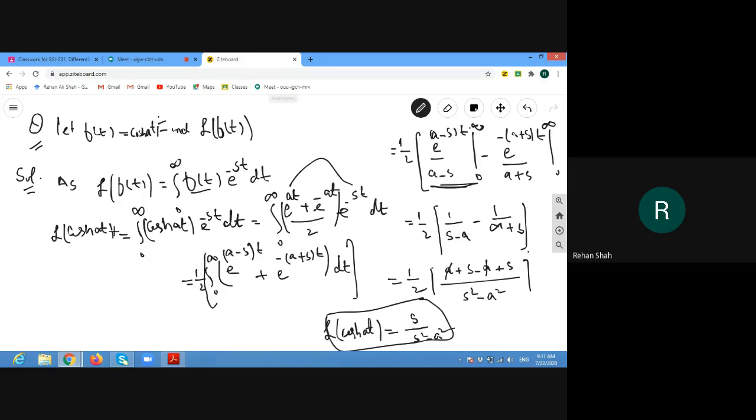Okay. If you put here, instead of cos hyperbolic at, sin hyperbolic at, this is another question. So this will become sin hyperbolic at, and this will become sin hyperbolic at, and this plus will become minus now.